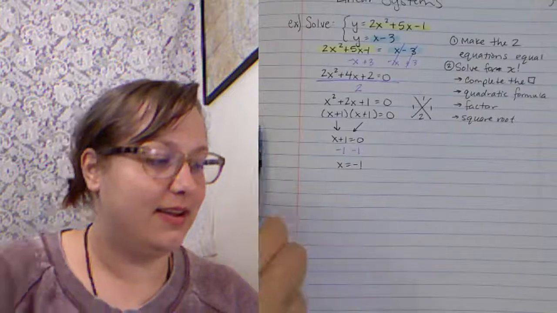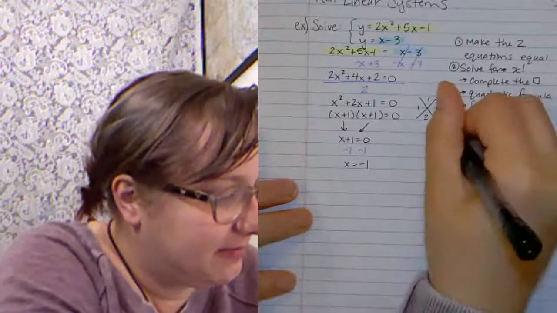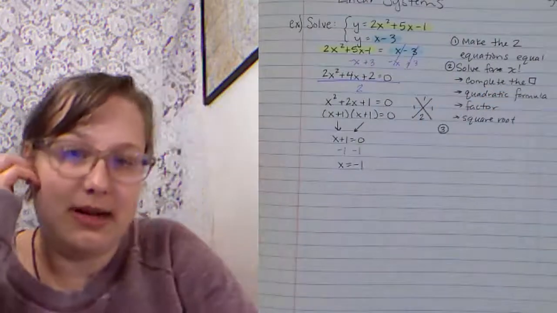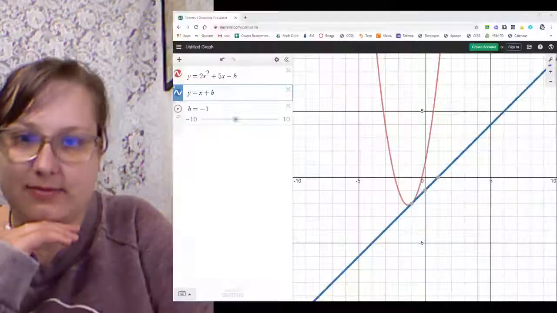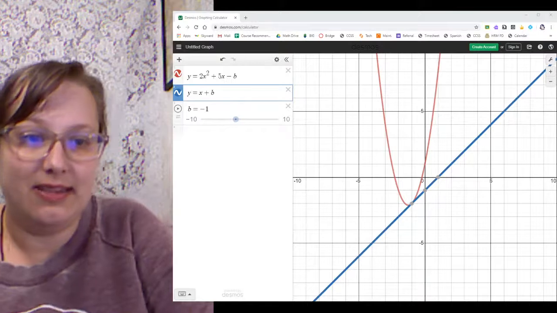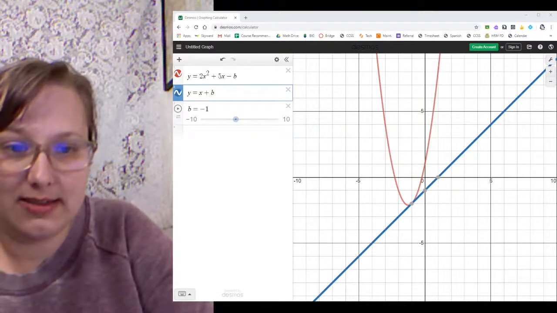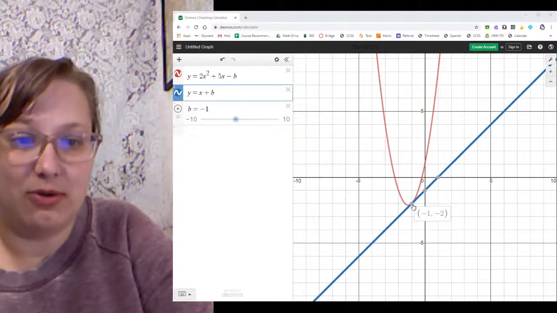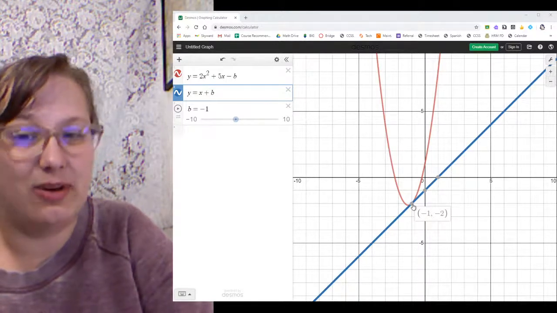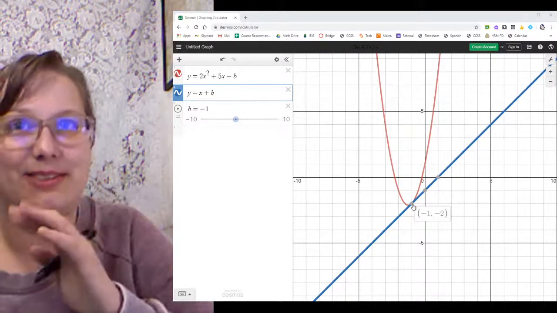Okay. Now here's the trick that people forget. You know how I was in Desmos and I was showing you how that worked? This answer is a point. It's not just negative 1. In the earlier example it was 1, negative 1, negative 2, but don't let that confuse you.